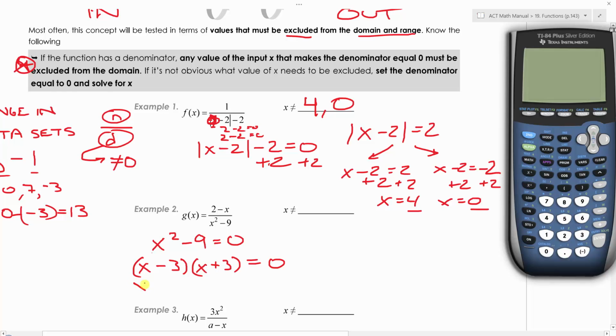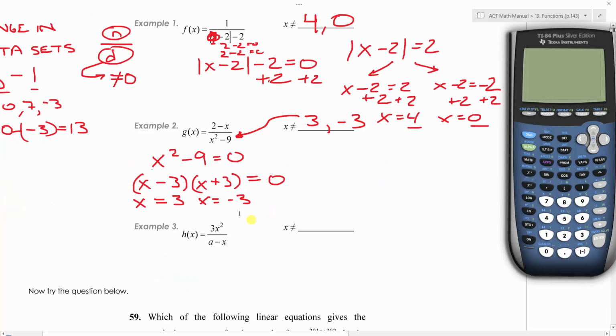The 0 corresponding to this factor would be x equals 3. The 0 corresponding to this factor would be x equals -3. So I get that x cannot equal 3 or -3 because both of those values will produce a 0 in that denominator. So I have to exclude these from my domain. Now, keep in mind, there are other ways to solve this x squared minus 9, like using the calculator.